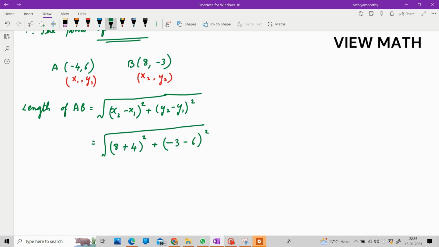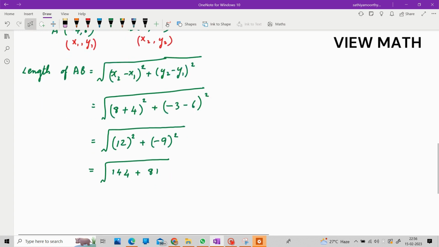So this is equal to the square root of 8 plus 4 is 12, the whole square, plus minus 9, the whole square. This is equal to the square root of 12 into 12 is 144 plus 9 into 9 is 81.